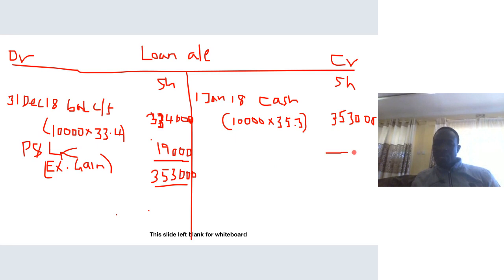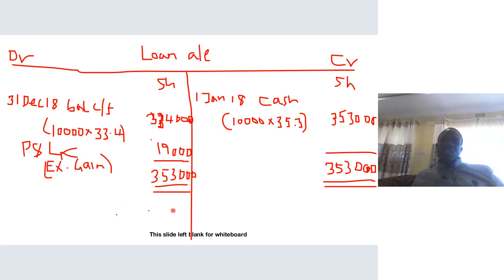Then we'll have the total on this side again, the same, 353,000. So again, the double line signifies the end of the transaction.